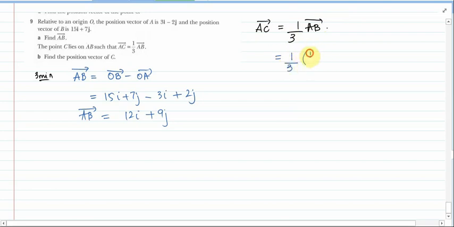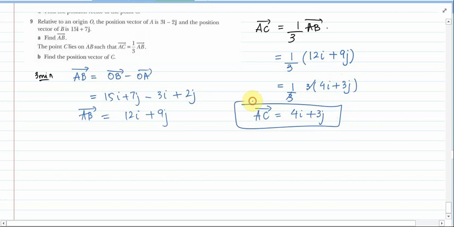It's 12i plus 9j. I can take common here, so the common is 3, and inside the bracket it's 4i plus 3j. 3 and 3 cancel. So I got the vector AC, which is equal to 4i plus 3j.